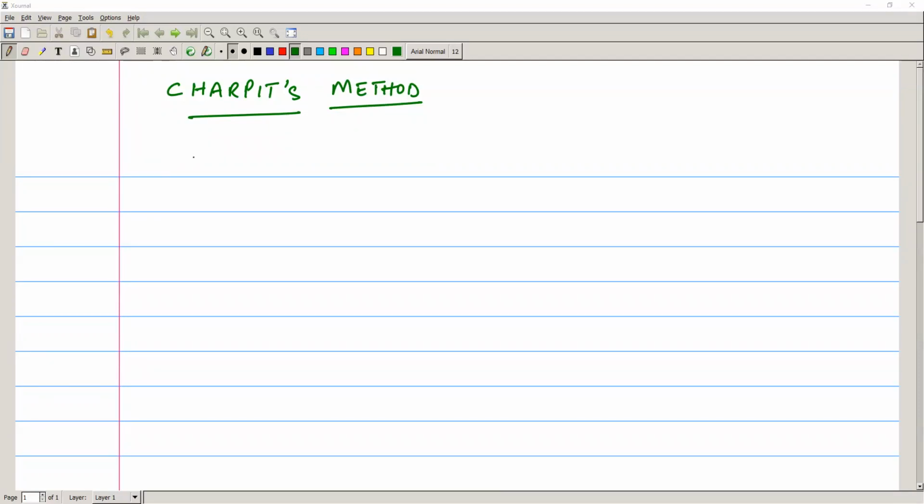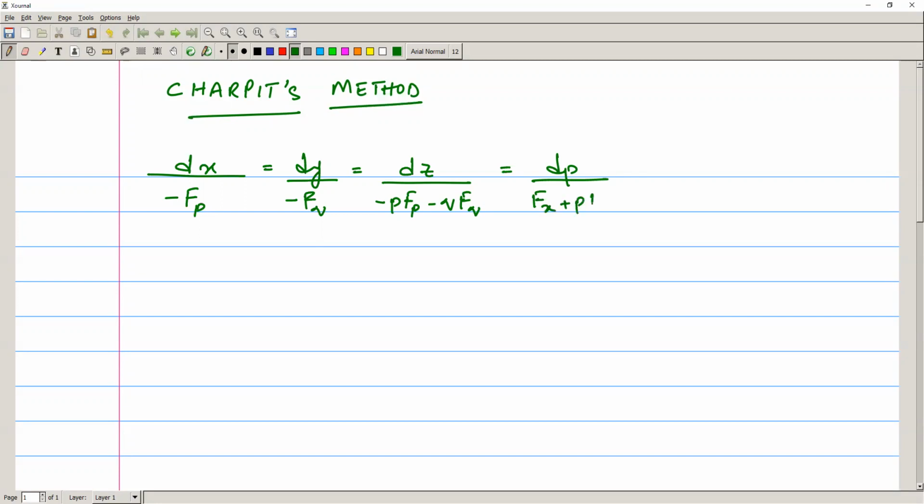So the basic idea of the Charpit method is that if a partial differential equation is given, we have some conditions: dx over negative fp is equal to dy over negative fq is equal to dz over negative p times fp minus q times fq is equal to dp over fx plus pfz is equal to dq over fy plus qfz.